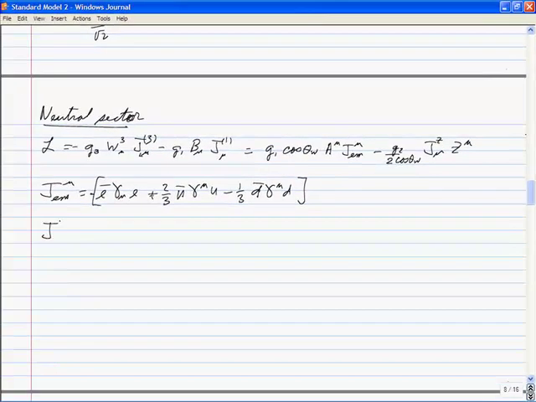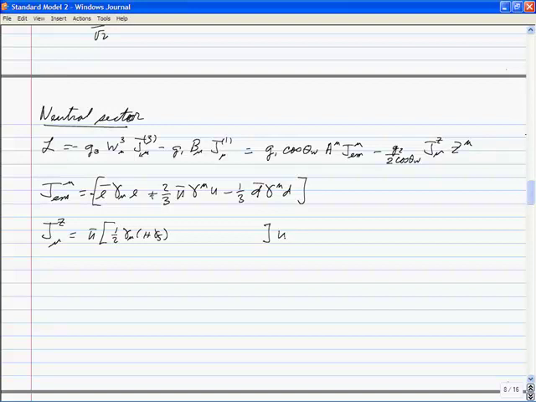The Z current is, well, it starts off with u bar 1/2 γ^μ (1 plus γ5) u.